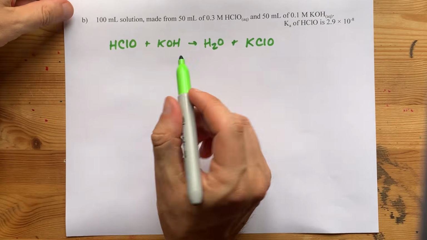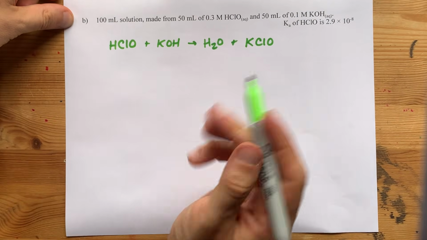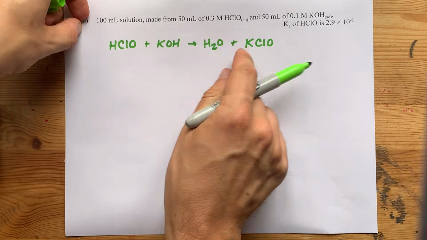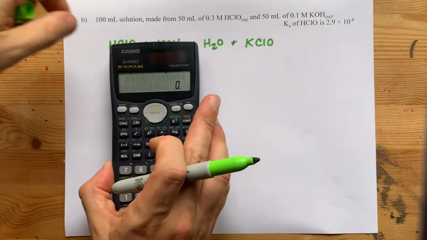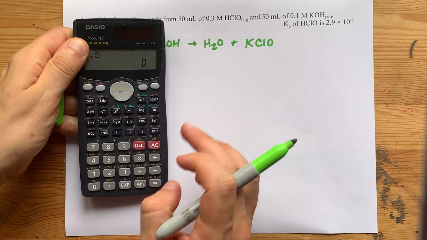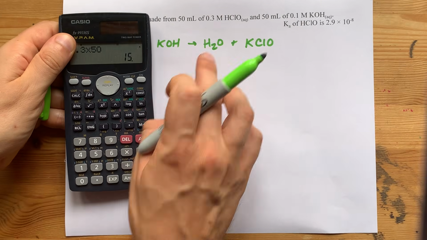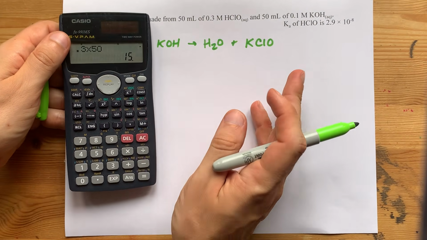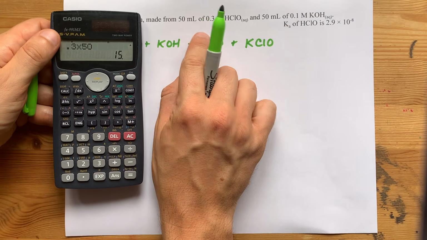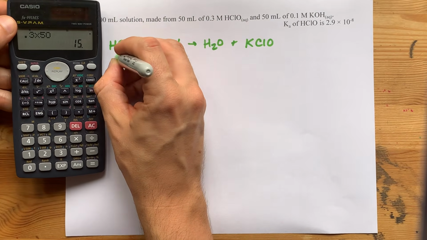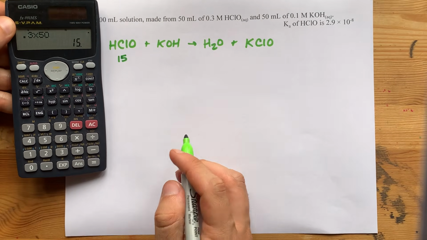But what really matters here is which one of these we run out of first. I'm going to calculate the number of moles here. It's 0.3 moles per liter times, now I'm going to times it by milliliters to show you another trick. Milliliters times moles per liter will directly give you something called millimoles.